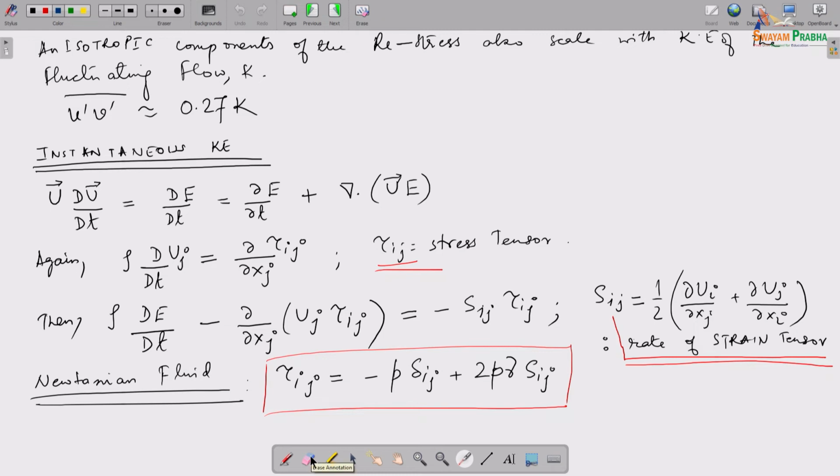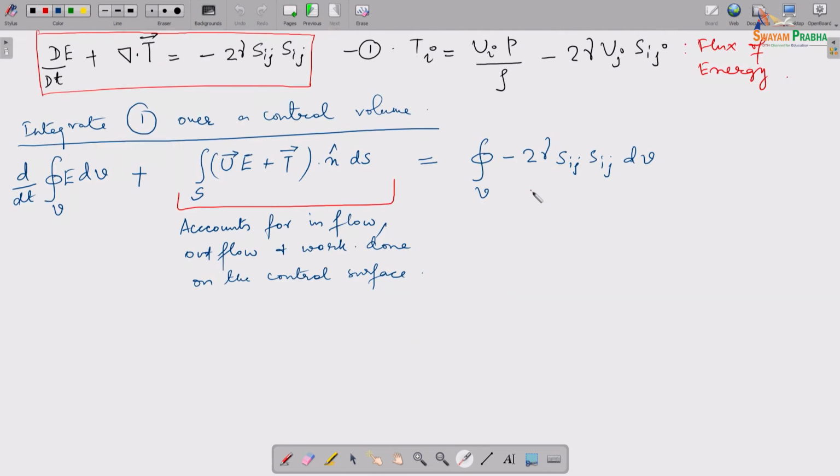Now, what does this term mean? It is something that we've looked at previously.